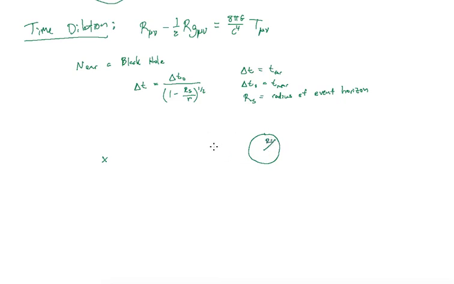And this is going to come all the way out here. So this is delta t, the far guy, and then closer to the black hole, delta t naught. It'd be this kind of situation. This is the amount of time that elapses for someone near the black hole, and this is the amount of time for far away.